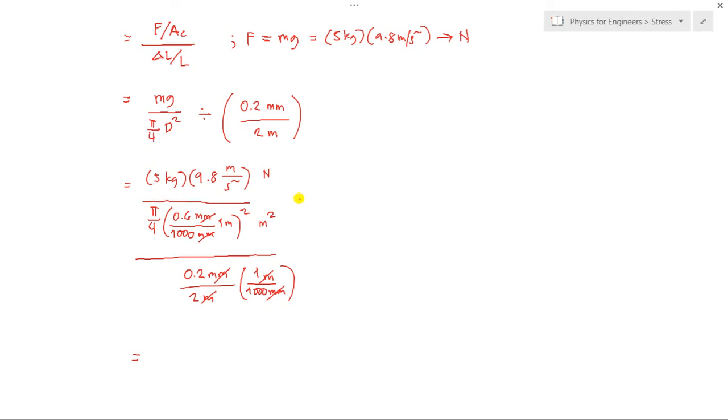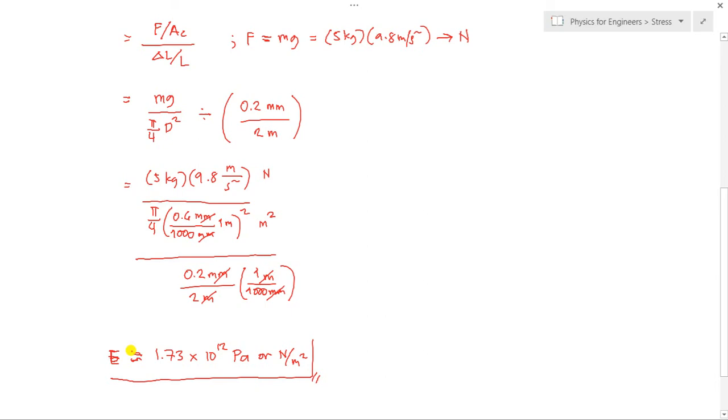The answer is 1.73 times 10 to the power 12. That is 1.73 approximately, times 10 to the power 12 Pascal or Newton per meter squared. So this is the modulus of elasticity of our system, subject siya sa load nga 5 kg.